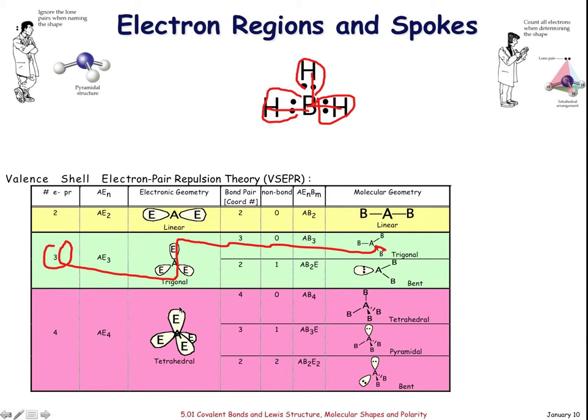So, counting spokes in a wheel, you can figure out the molecular geometry, which is in this column right here. But first you need to figure out how many spokes, which is right here, which gives you the electronic geometry. Once you count the number of bonded atoms each central atom contains, and take into consideration the lone pair, you've got the molecular geometry.